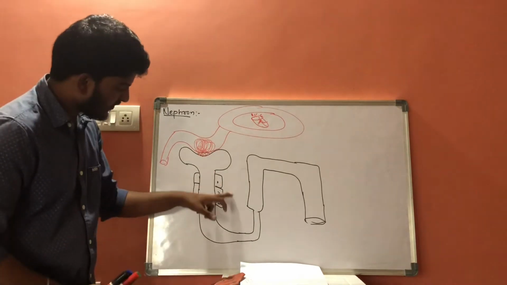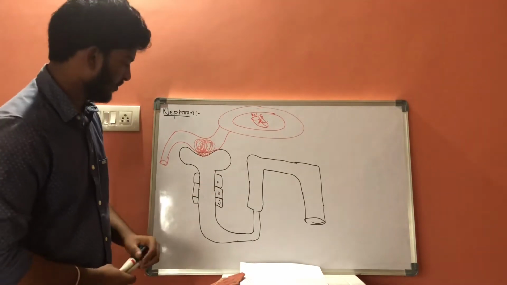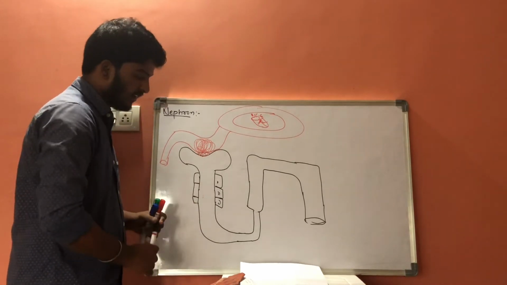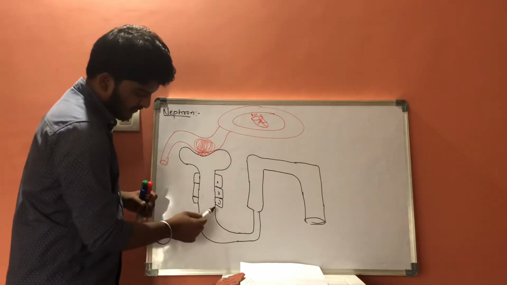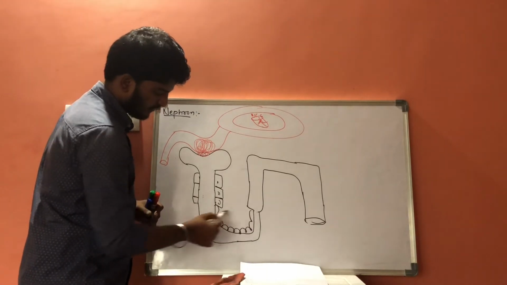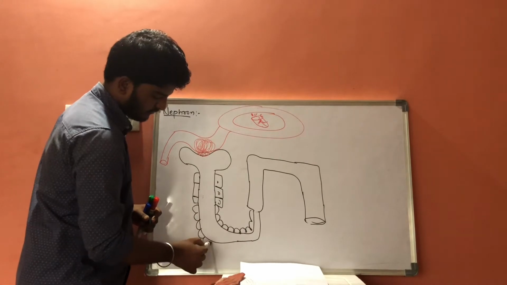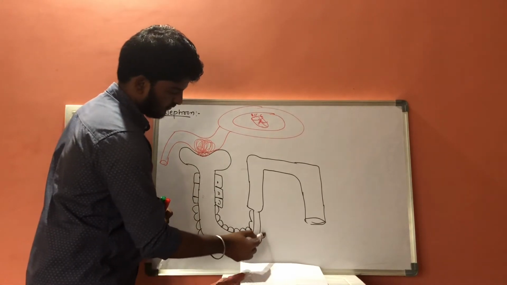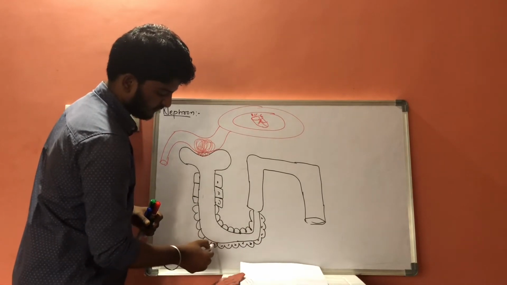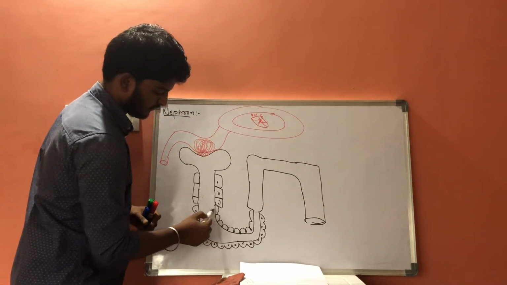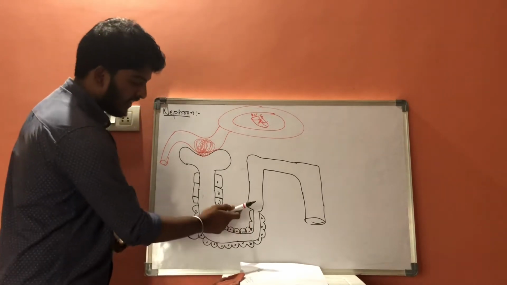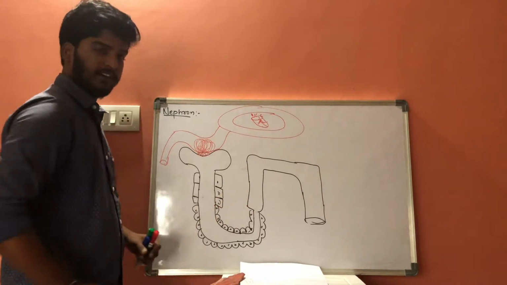Now this first part is called the proximal convoluted tubule, whereas this is the descending loop of Henle, which is also made up of different types of epithelial cells. And here this is the ascending loop of Henle.